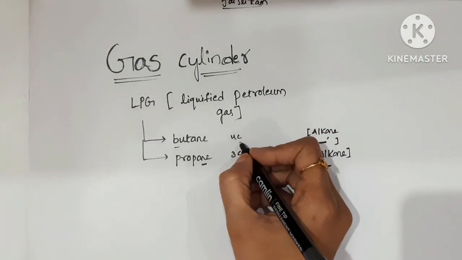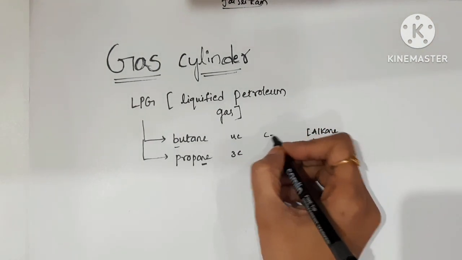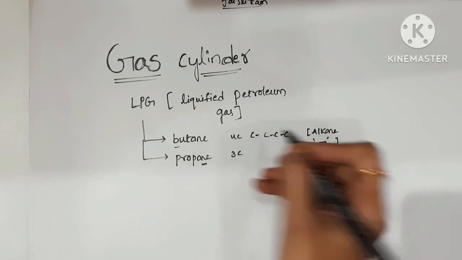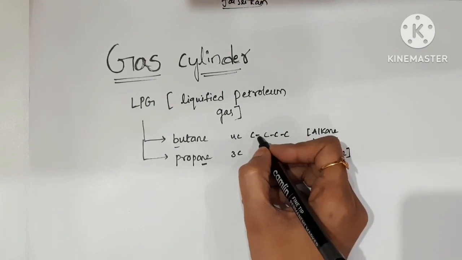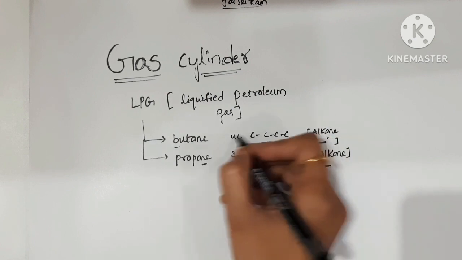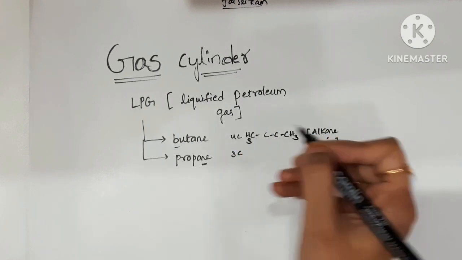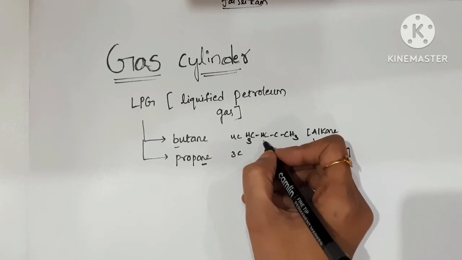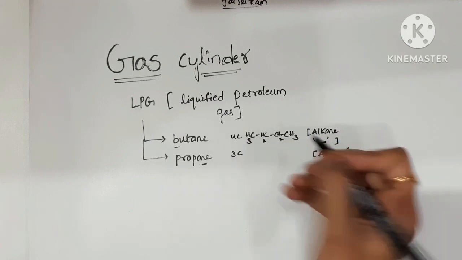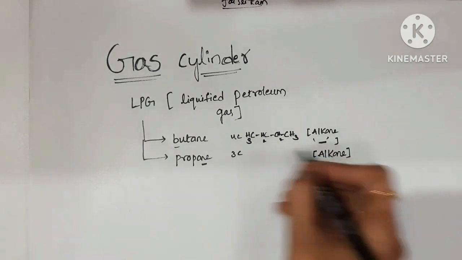Butane means 4 carbons, with only single bonds between carbon atoms. Here CH3, CH3, CH2 and CH2. This is butane.